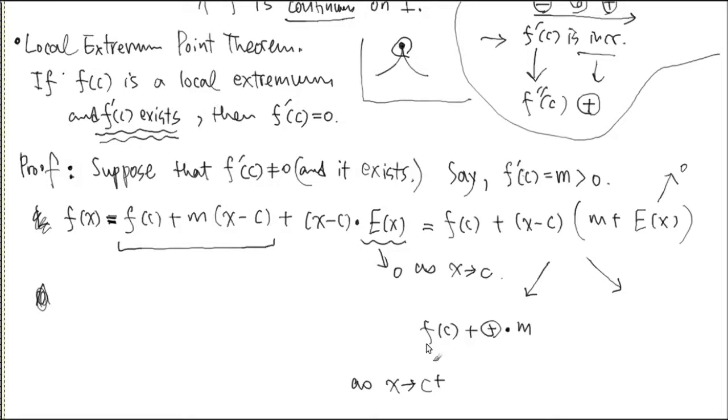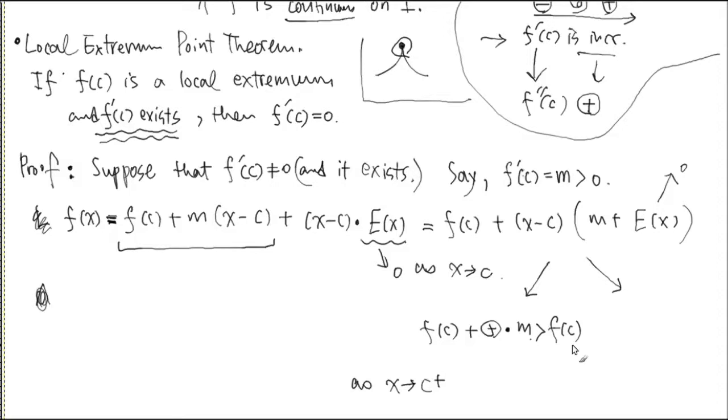So this is slightly greater than f of c. Correct? f of c is there, and you're adding a positive times a positive m, correct? So altogether it's a positive number. Although it's approaching f of c, it's slightly greater than f of c, correct? So does that mean that f of c is not going to be a local maximum?